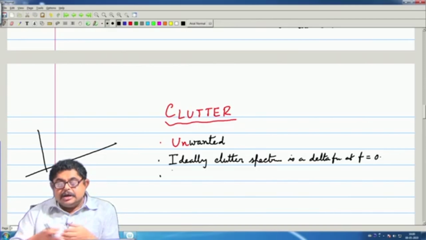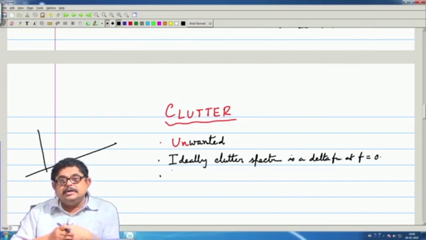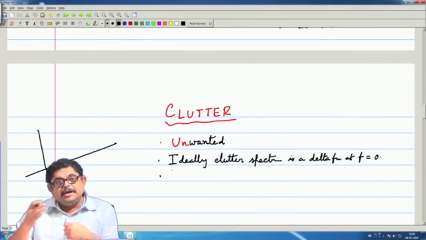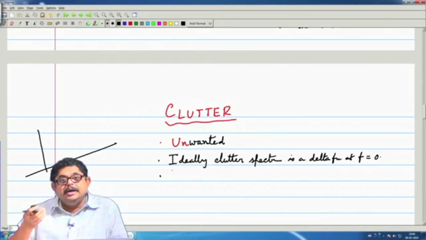One example is the wind: suppose I am seeing the clutter from a hill, but the echo is coming through the wind. So, in the propagation path there is a motion of the wind, and when the radar gets the echo from the hill, that will also have some motion.